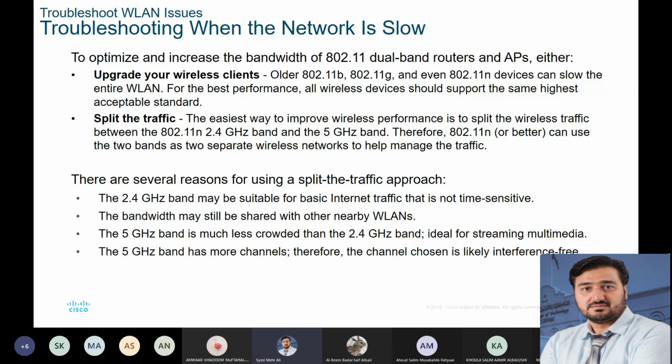There are several reasons for using the split the traffic approach. The 2.4 gigahertz band may be suitable for basic internet traffic that is not time sensitive, but the bandwidth may still be shared with other nearby wireless LANs. The 5 gigahertz band is much less crowded than the 2.4 gigahertz band, ideal for streaming multimedia, and has more channels, so the chosen channel is more likely to be interference free. In 5 gigahertz you have more channels, but in 2.4 you have only 3 non-overlapping channels.